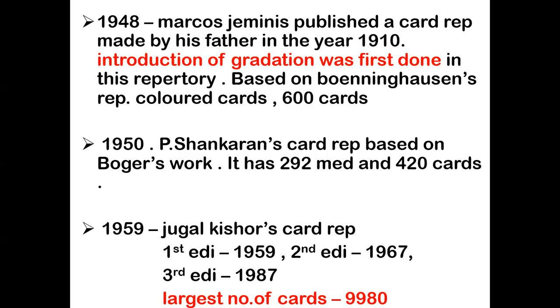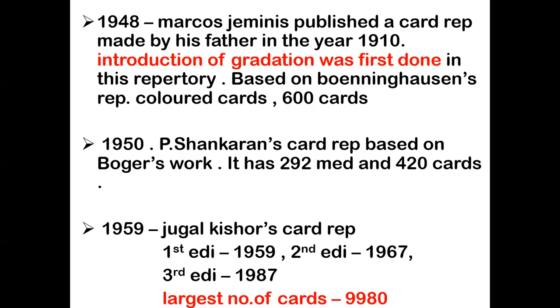Now 1950, P. Shankaran card repertory, based on Boger's work. What is important in this study is that we are learning about card repertories, and previously we talked about how Jaminis published a card repertory made by his father in 1910, which is based on Boenninghausen's repertory.